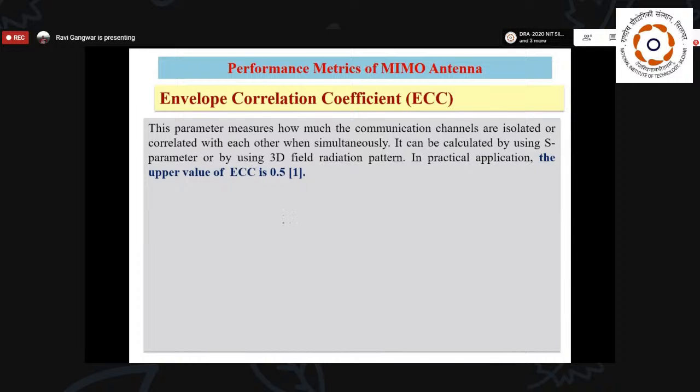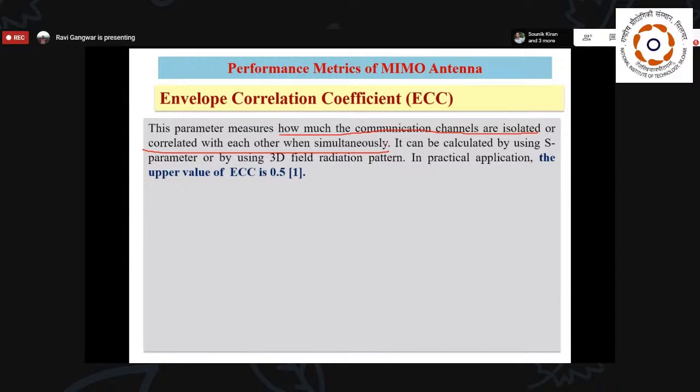That means the envelope correlation coefficient gives the idea about the correlation between the fields, or how much the communication channels are isolated or correlated with each other when used simultaneously. So this ECC gives your complete information about the correlation or isolation here.